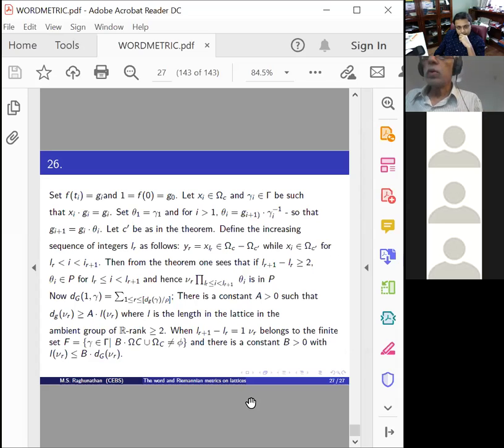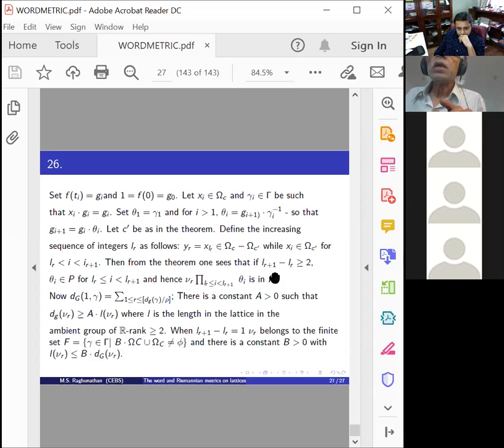Now, what is nu_R? Nu_R is the product of the theta between L_R and L_{R+1}. So there is another additional nu_R, so that is not required.